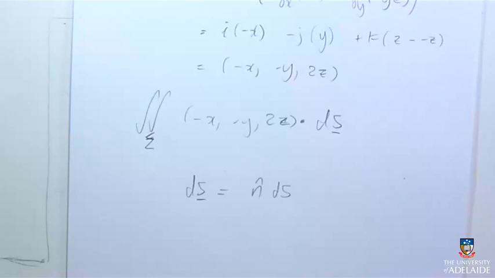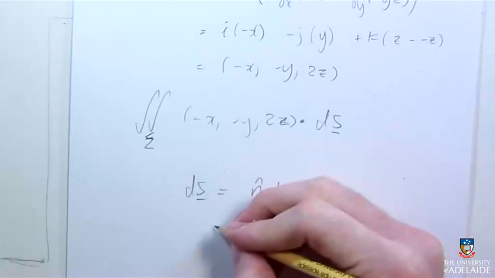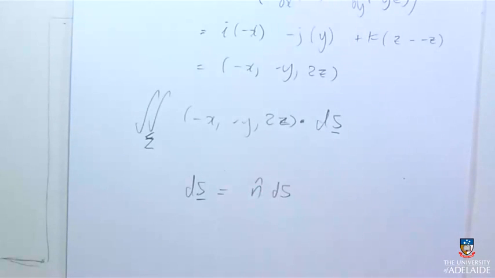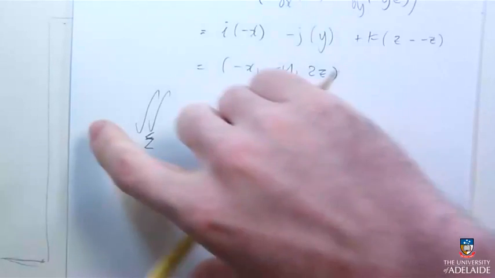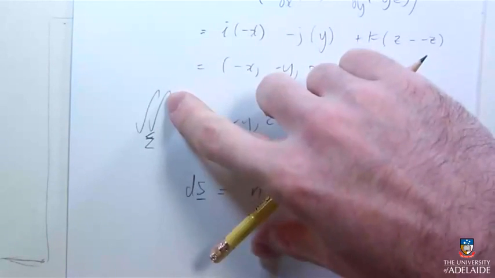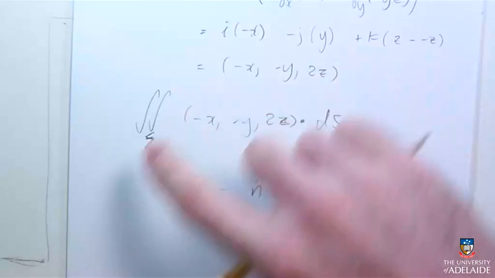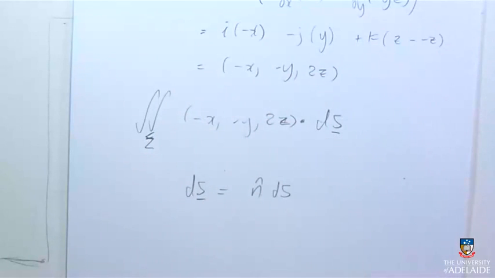Right. And it turns out that that n-hat dS is the same as... I'm going to need to parameterize my surface in order to do that. I have to track across the entire surface, and for every piece of the surface I have to multiply the size of this dot product by the area that's there and add them all up.